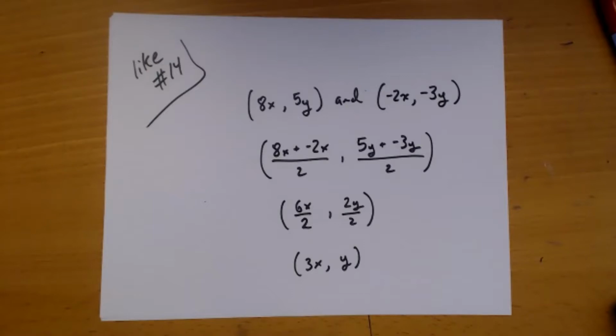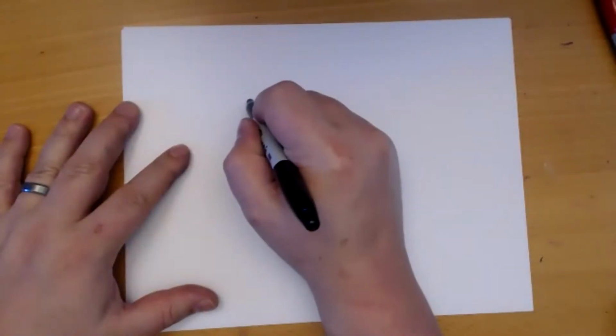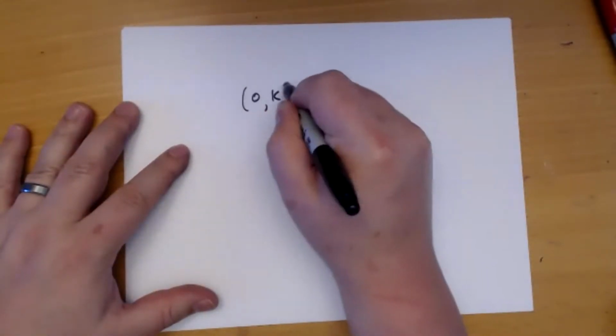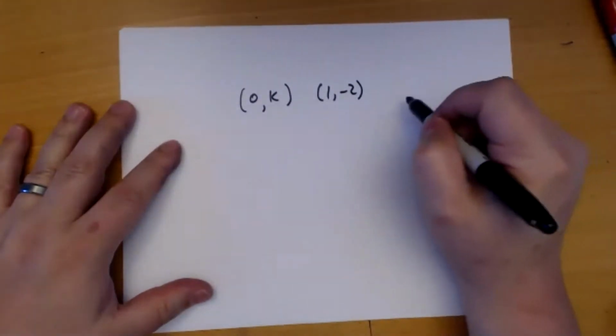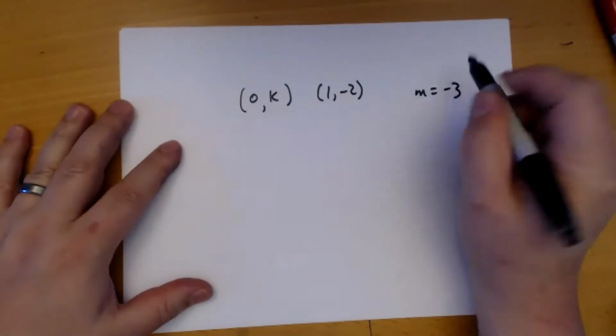Day 2. Okay. Omnia, do you have a question? Yes. So, question number 15, I didn't get the answer. You didn't have to do 15. I'll show you how to do that though. Okay. So, the slope is -3.